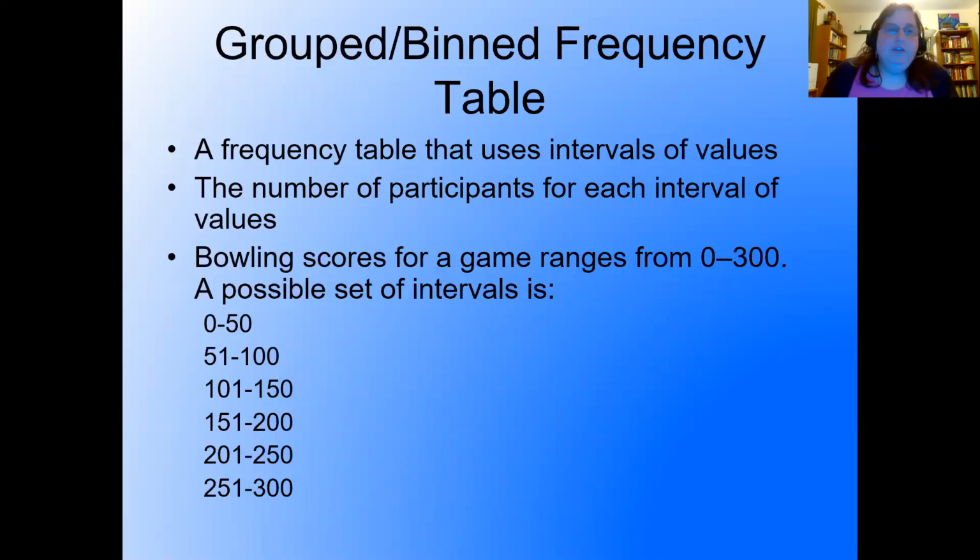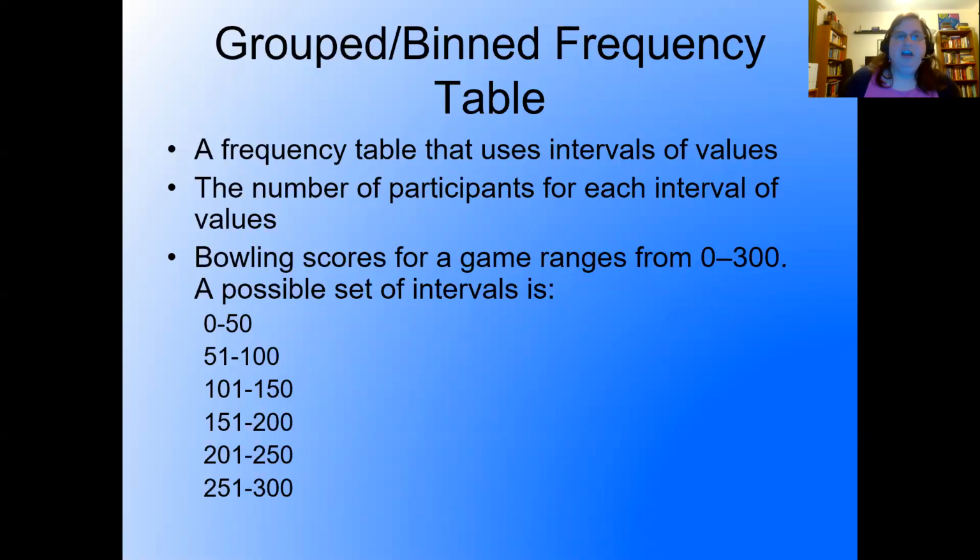One other kind of frequency table I do want to talk to you about is called a grouped or binned frequency table. It's a frequency table that uses intervals of values, the number of participants for each interval of values, okay? So let's consider bowling scores for a game that ranges between 0 and 300, right? So you can bowl 0 if you get all gutters, you can bowl 300 if you get all strikes.